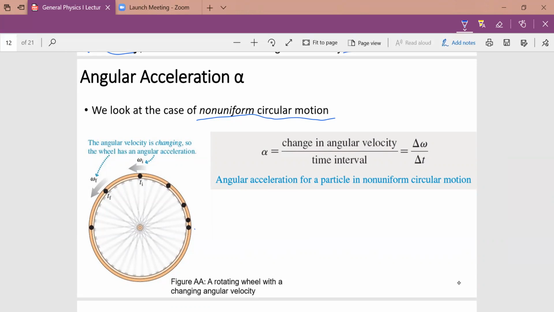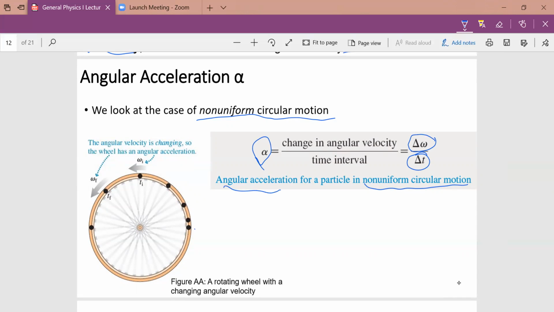So it's the same concept that we're bringing into this one. The angular acceleration for a particle in non-uniform circular motion is given by the same pattern, change in velocity over time, which is change in angular velocity over change in time. We use the symbol alpha to represent angular acceleration.